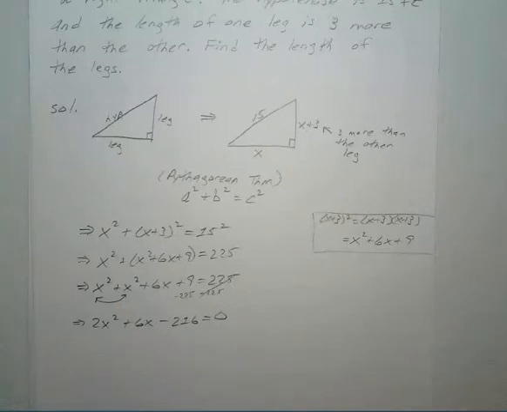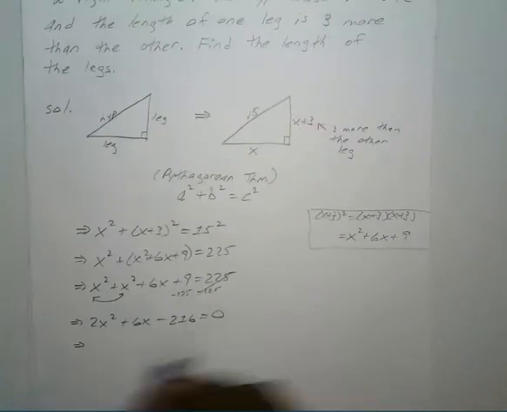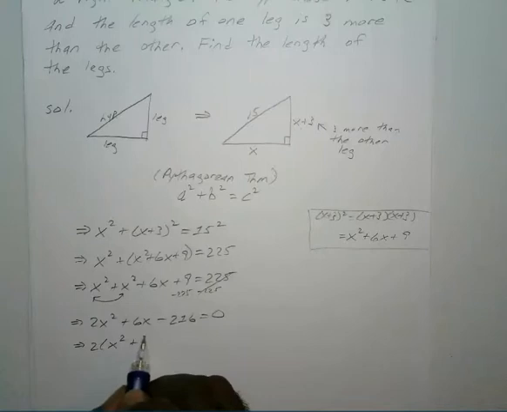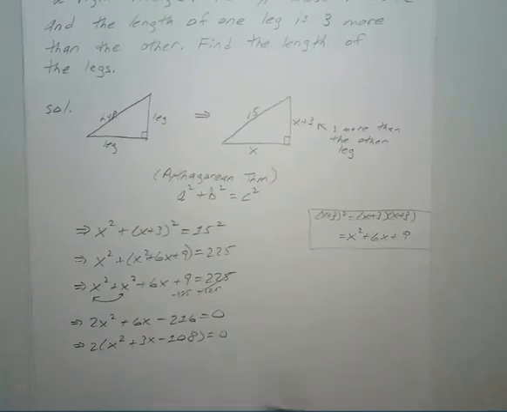Okay, now we have it in standard form. So if we wanted to, we could use the A times C method. But notice you can factor 2 out of each of those terms. If you factor out a 2, that leaves x squared plus 3x minus 108 equals 0.